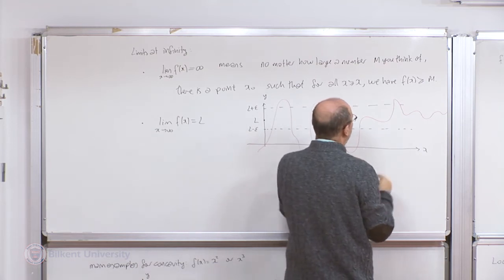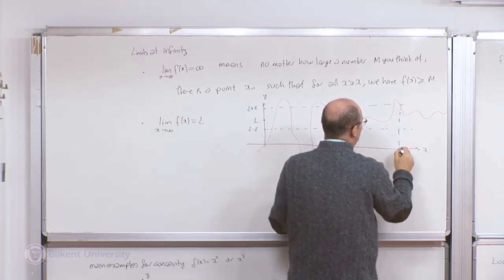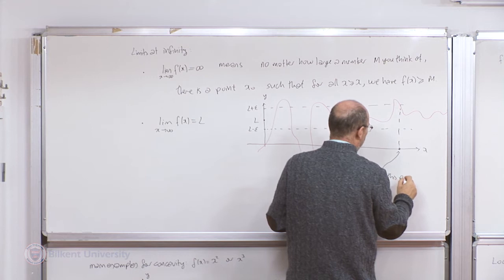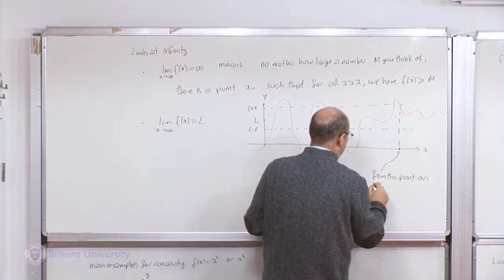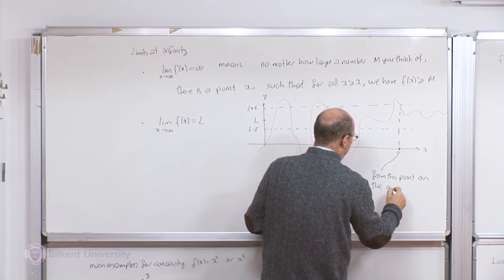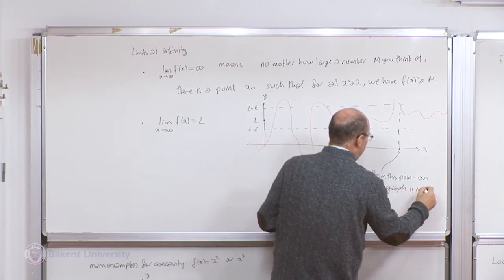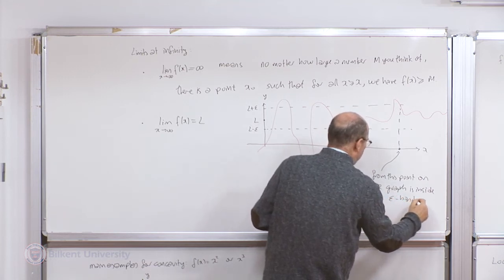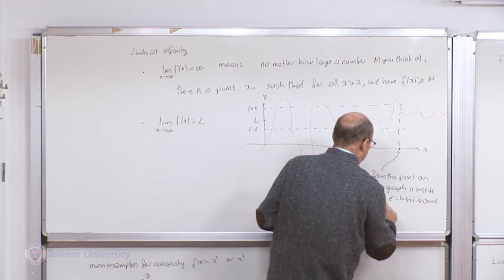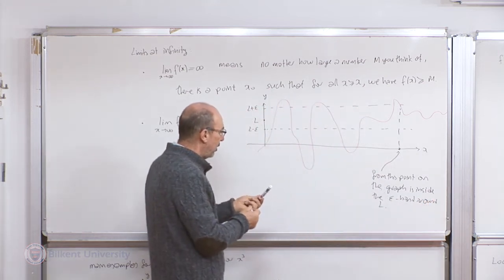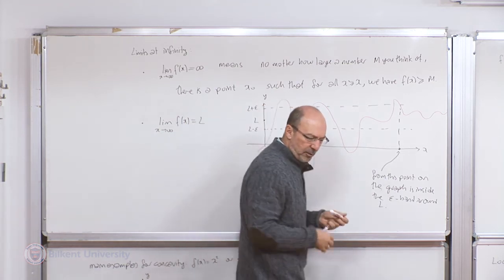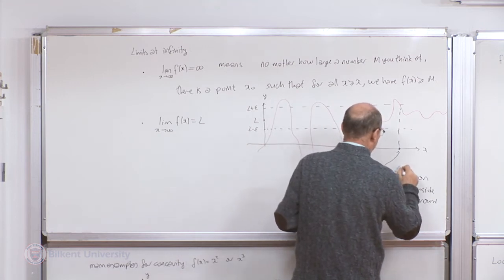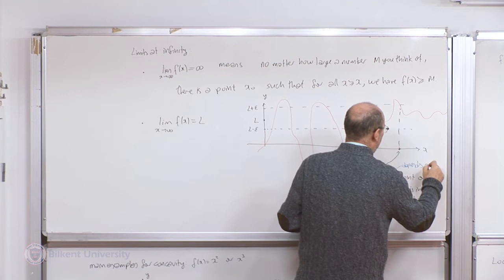So from this picture we see that from this point on, the graph is inside the epsilon band around L. Now clearly this point depends on epsilon.